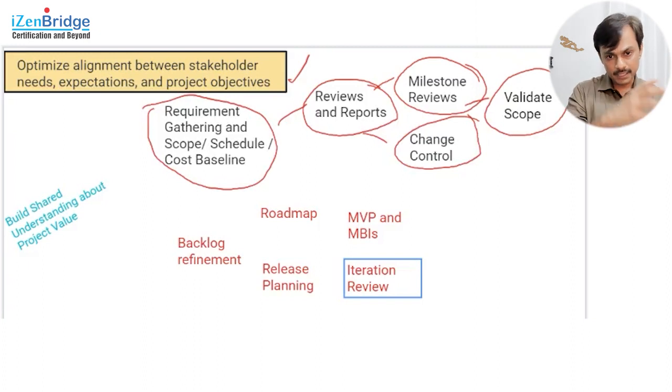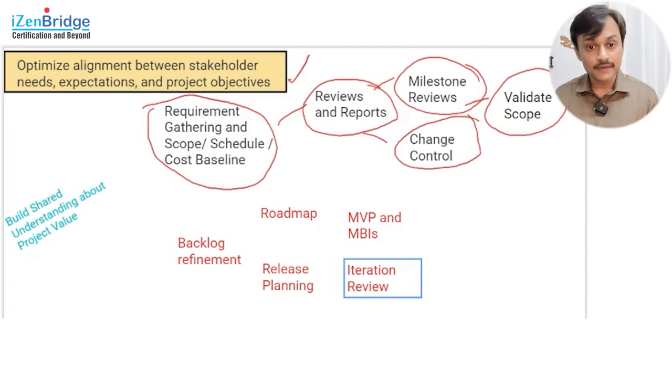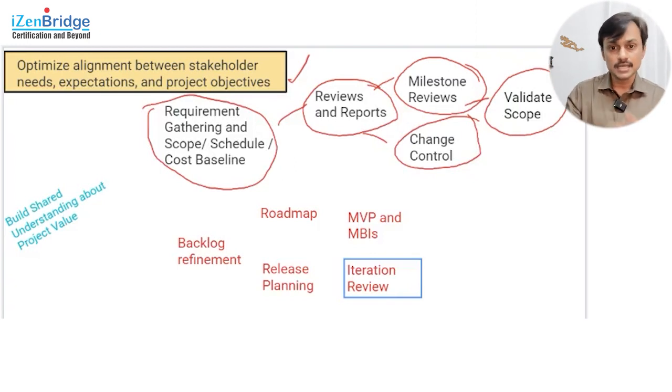Because unlike the predictive life cycle, we don't have a baseline, but we have an engagement. We need to do continuous engagement. So I need to identify the right people attending my refinement meeting. I need to ensure the right people are present in my iteration review meeting. And I need to ensure that whenever they have an idea, either they agree or disagree during iteration review and the refinement process, they give their feedback to the appropriate group doing backlog refinement, maybe led by the product owner.